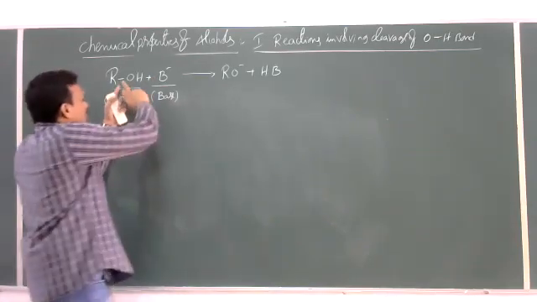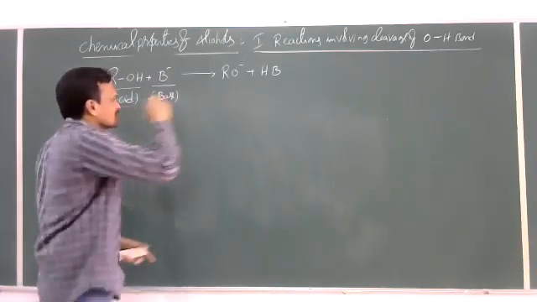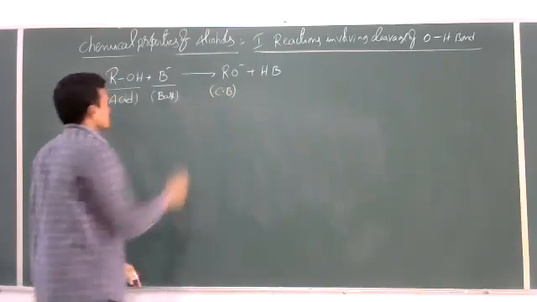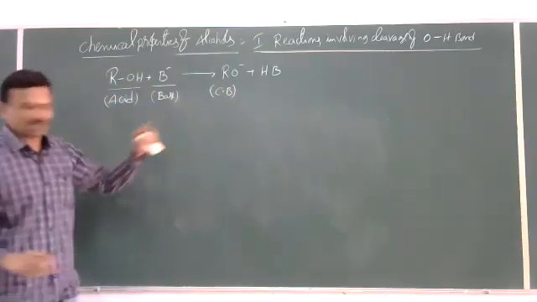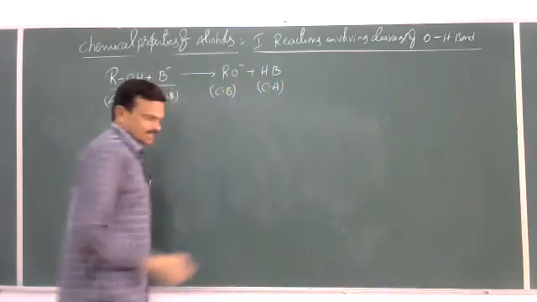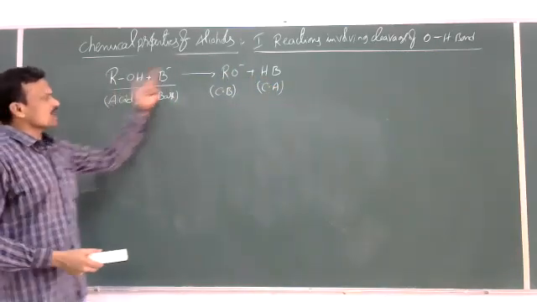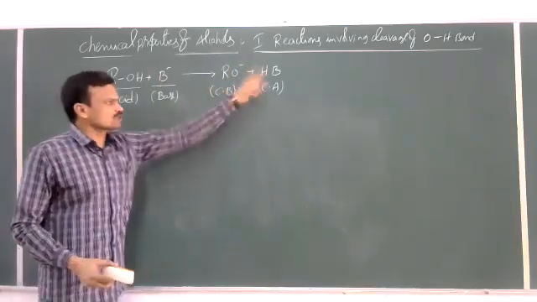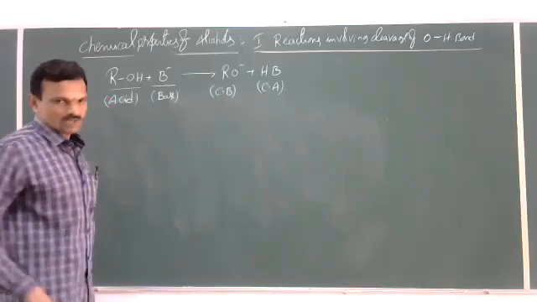Now, if an acid loses a proton, the remaining species is called a conjugate base. If a base accepts a proton, the species obtained is called a conjugate acid. ROH, RO minus, conjugate acid-base pair. B minus, HB, conjugate acid-base pair.